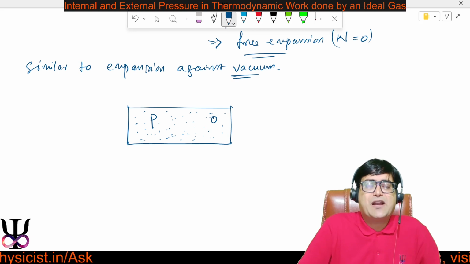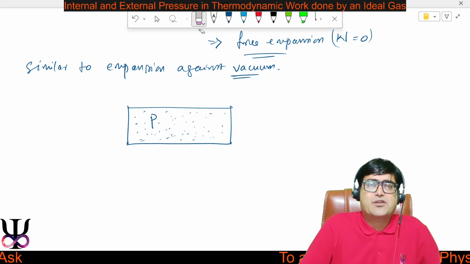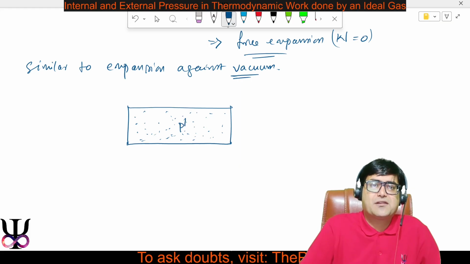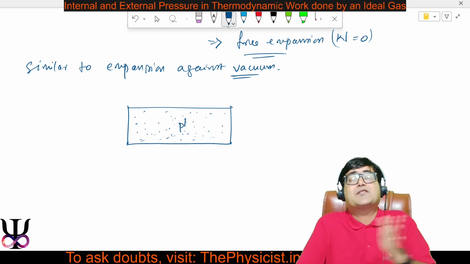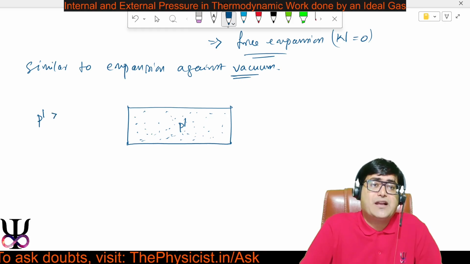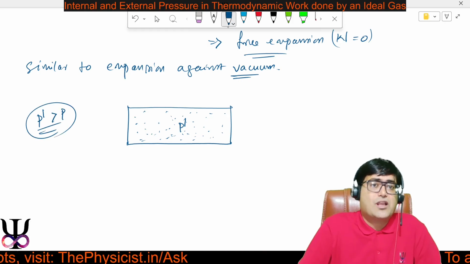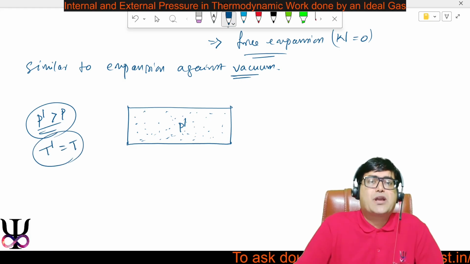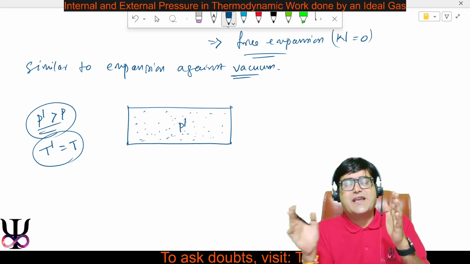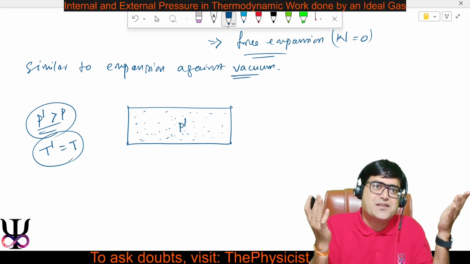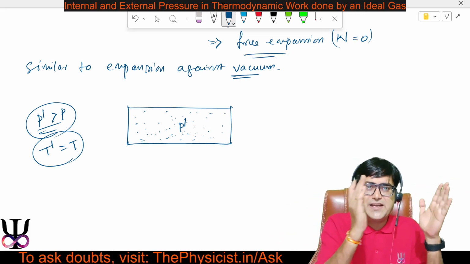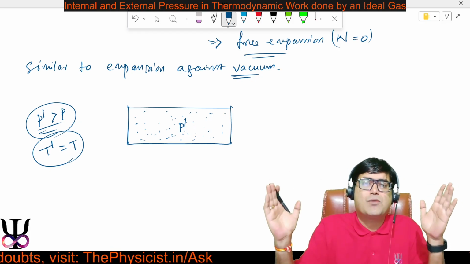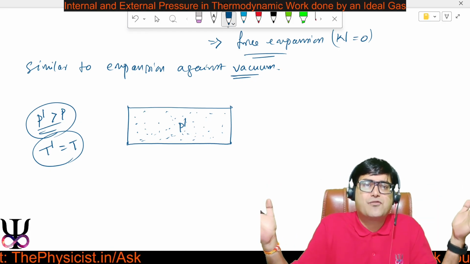When the gas particles spread out, the pressure would definitely change. You would have a new pressure P dash. Of course, the pressure would drop, because the volume has increased. So the pressure P dash will be less than P, right? However, the temperature T dash will stay the same. Why? Because when the gas expands against vacuum, it is as if it has moved a piston of zero mass to get a larger volume.